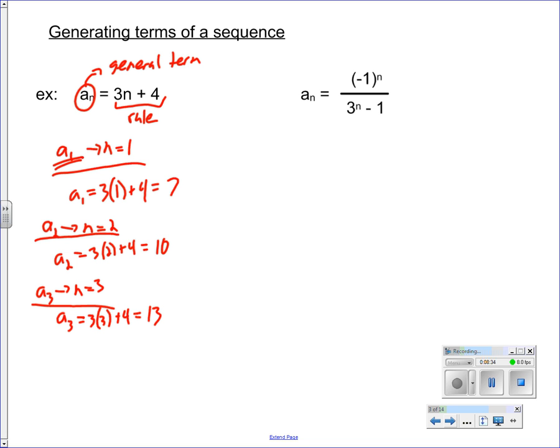And the last one, a4, plugging in n equals 4, and the same idea. 3 times 4 plus 4 makes 16. So those are the first 4 terms of the sequence: 7, 10, 13, 16. And we keep going from there.